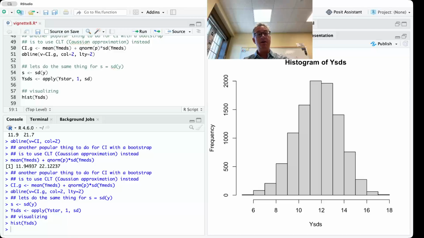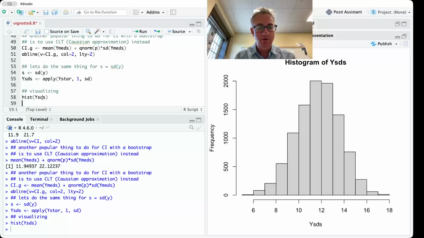This is less choppy because it's not selecting just one data value from the original data set for each median calculation. Each SD on each different data set is a different residual sum of squares, or square root of a residual sum of squares. So it's not going to have the same kind of choppiness. And then I can calculate confidence intervals.